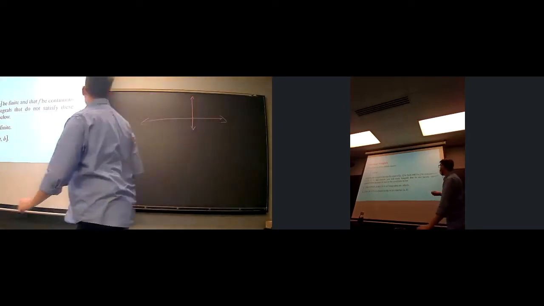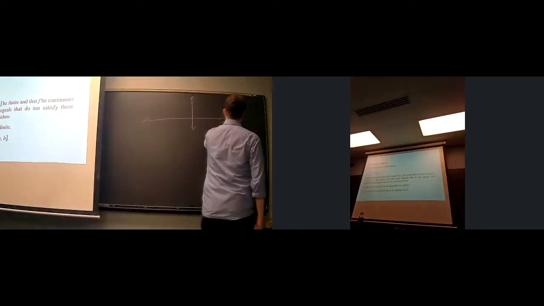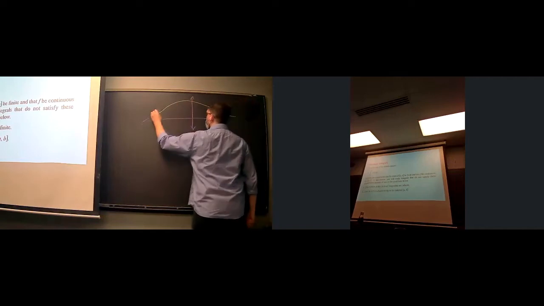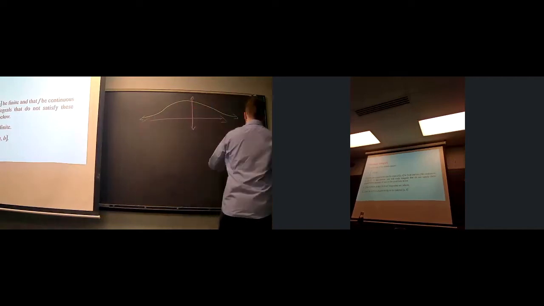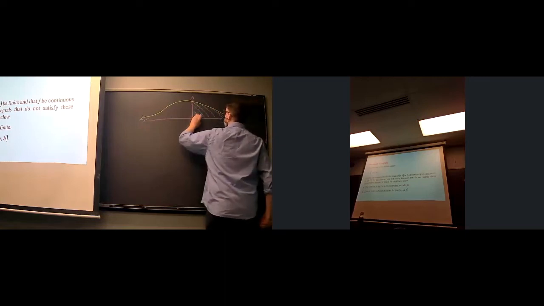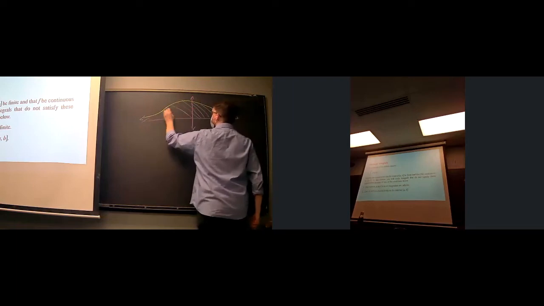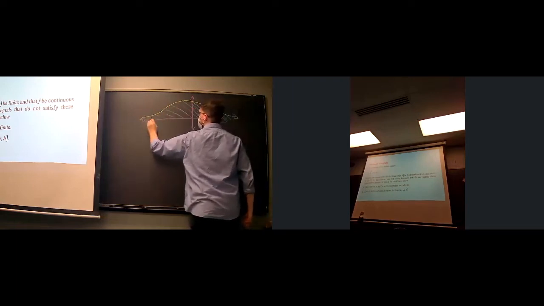The first type of improper integral would be the kind where we're trying to find the area of something like this. So we go to negative infinity to infinity.